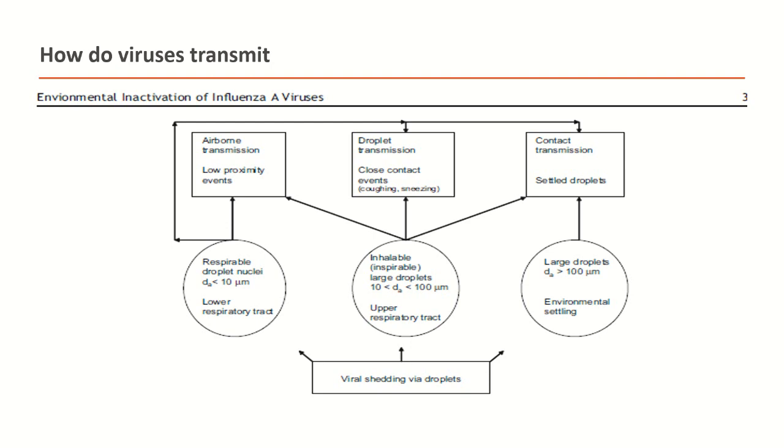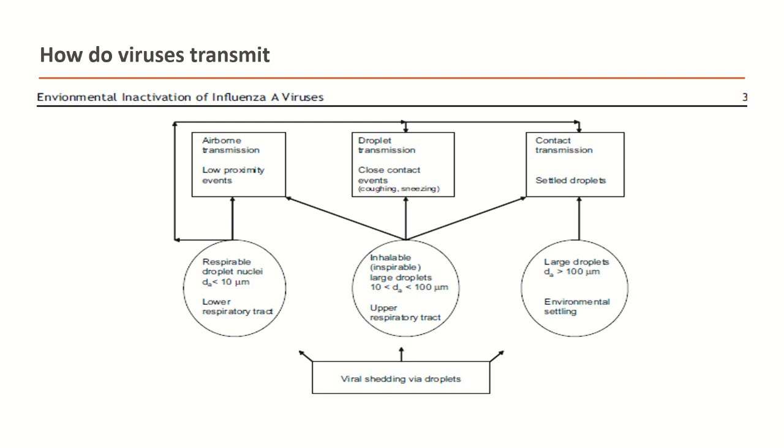Now the airborne transmission and droplet transmission directly affect the lungs because the person inhaling them will take the viruses directly to their lungs or the respiratory tracts. Normally, the airborne reaches your lower respiratory tract directly, and the droplet transmission reaches your upper respiratory tract.